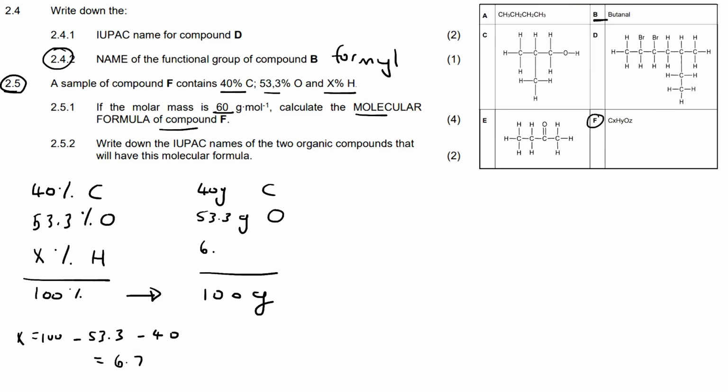So 6.7 grams of hydrogen. The next step is to convert all of these into moles. To do that, we use the good old n equals m over capital M. You can get these on the formula sheet, but the molar mass of carbon is 12, oxygen is 16, and hydrogen is 1.